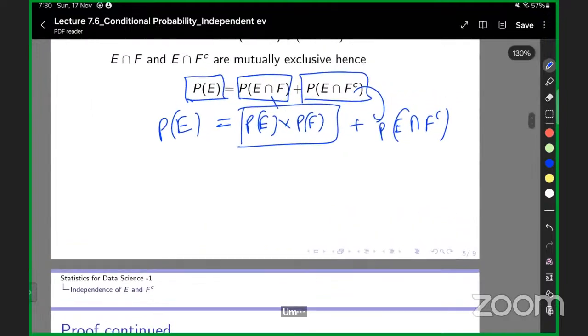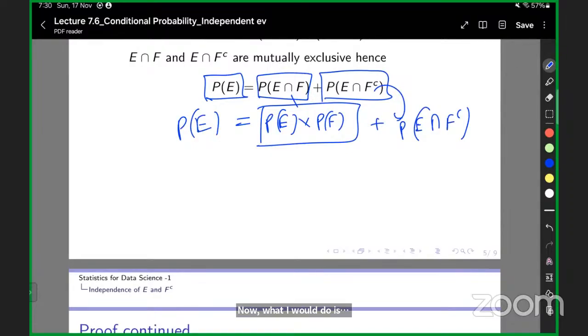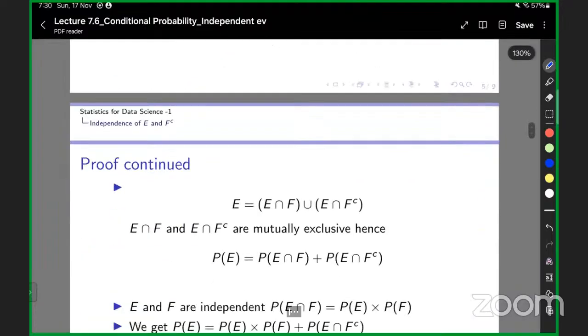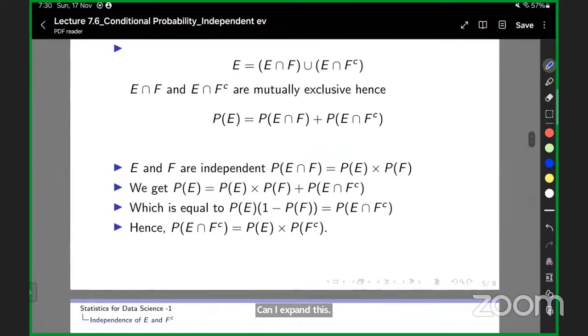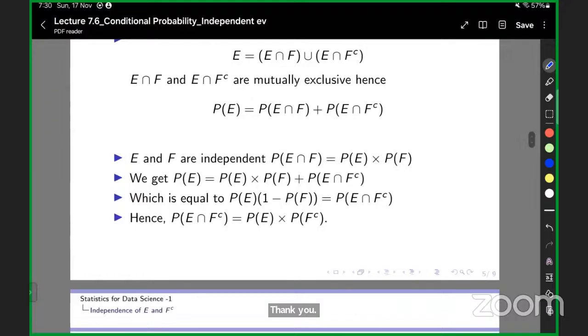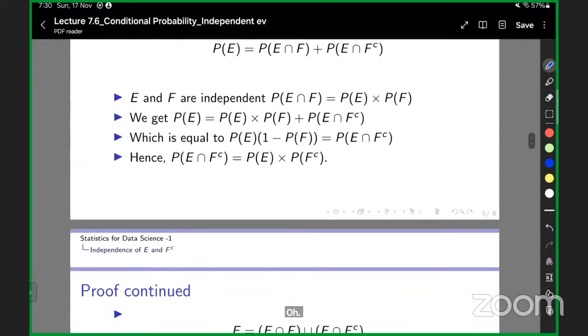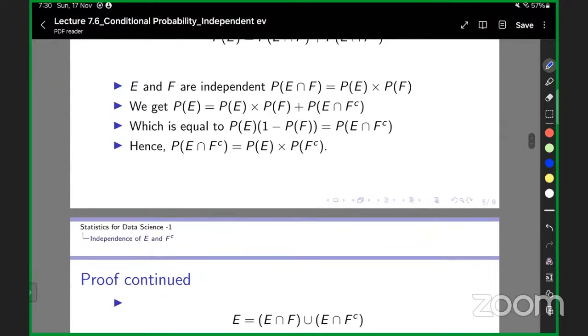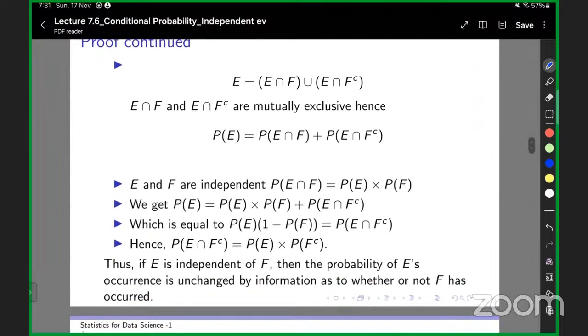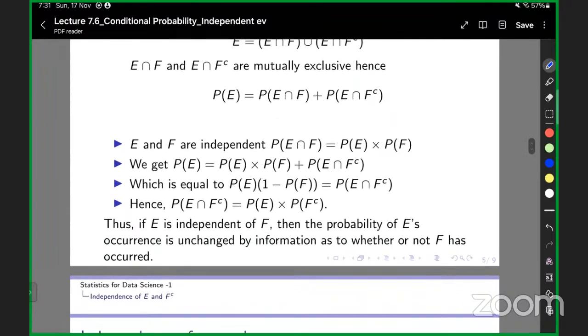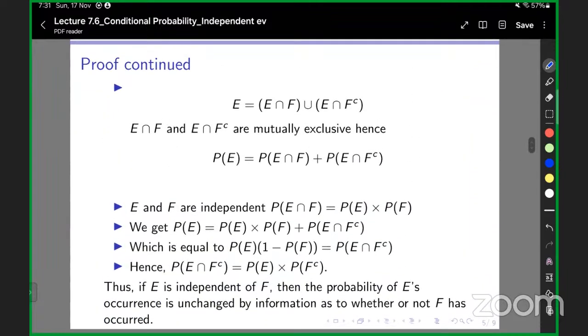Now what I will do is I can expand this. Okay.